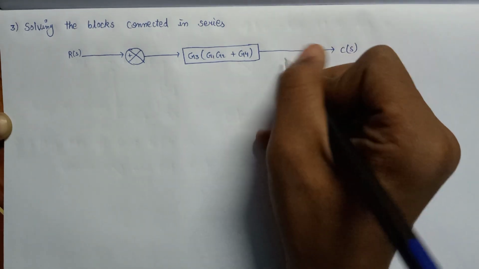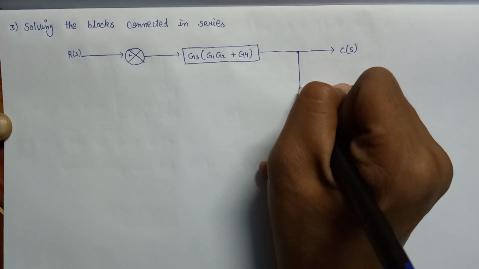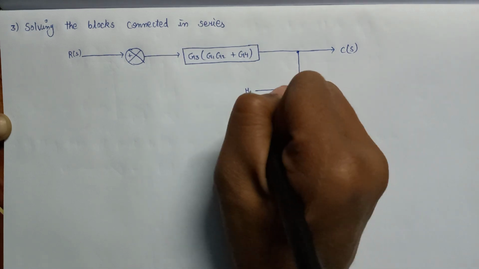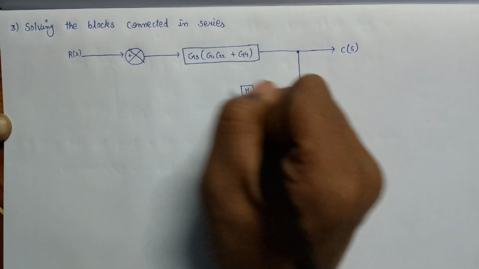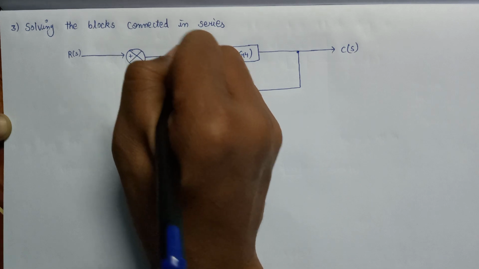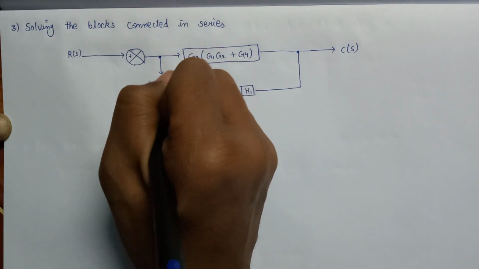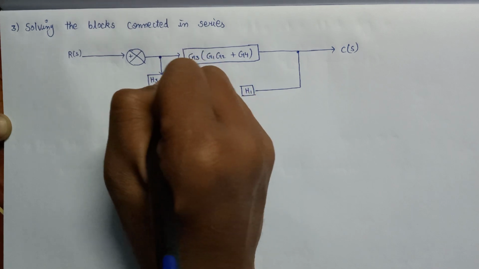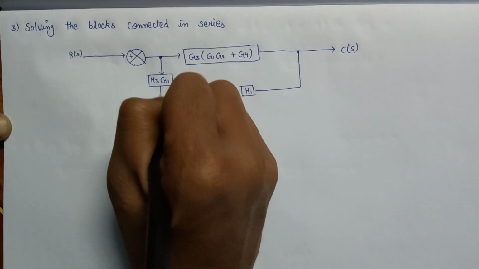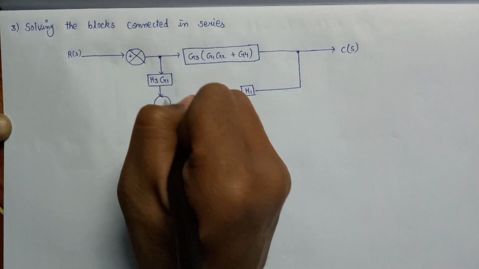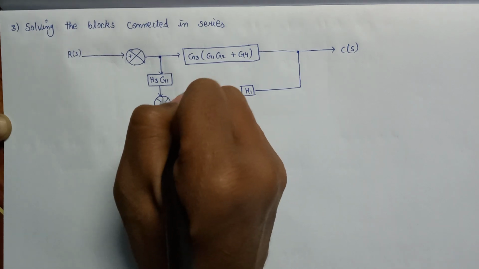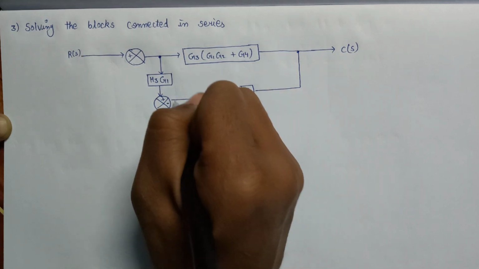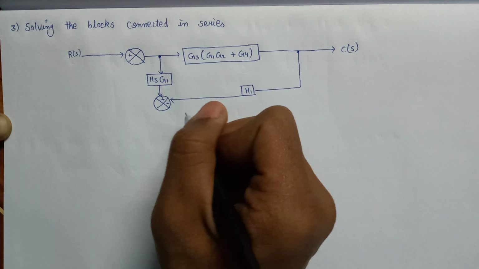S. Here is a takeoff point which is being connected with a feedback gain, that is H1, and here is another takeoff point that is connected with the gain H3 G1, which is fed to the summer with positive polarity, and here is a negative polarity through which this feedback gain is connected.